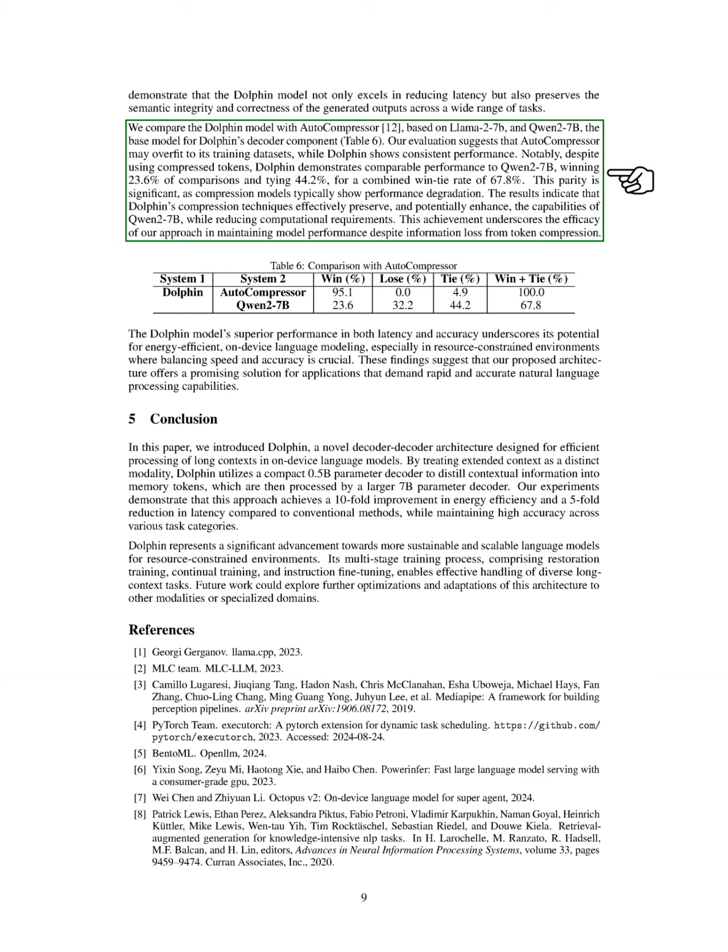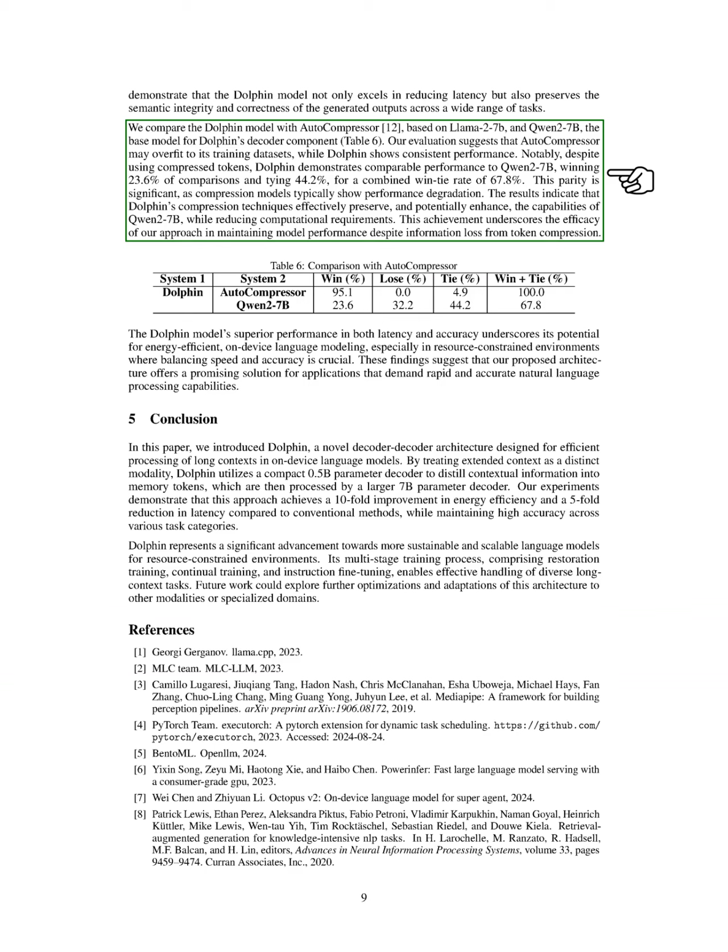tasks. We also compared the Dolphin model with Auto Compressor, based on Llama 2-7B, and Qwen2-7B. Our findings suggest that Auto Compressor may overfit its training data, while Dolphin shows consistent performance.